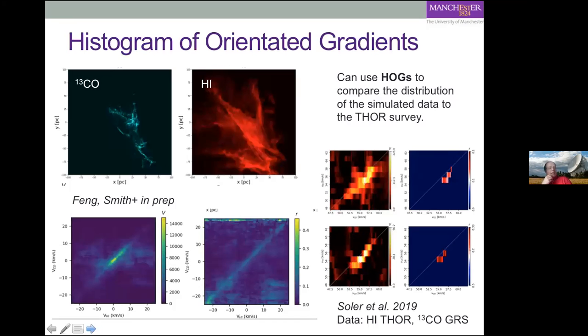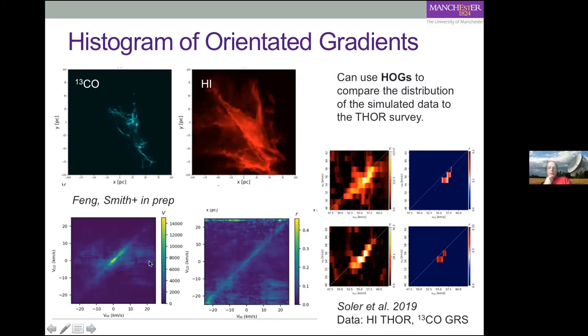Another way we can do it is a machine vision or machine learning technique. Machine vision is a way to automatically compare two images to see how similar they are. In this plot of the histogram of oriented gradients, which is what we call the technique, you get a straight vertical line or a diagonal line across the gas.